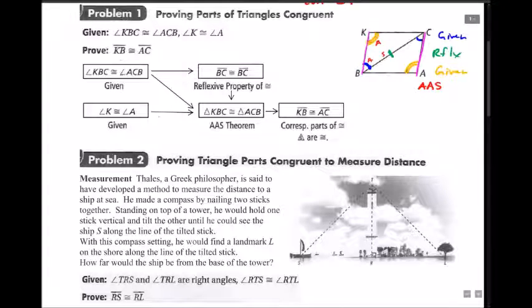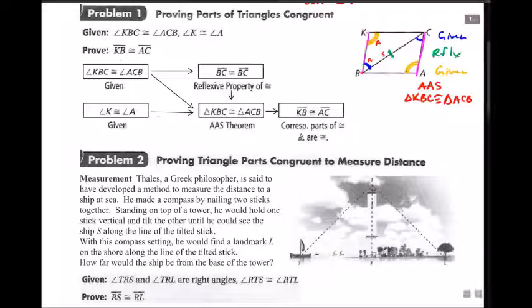We can do triangle, well, it depends on how you go. Let's go KBC. All right, we've got triangle KBC, and I went to one side, so ACB, and that's angle, angle, side.